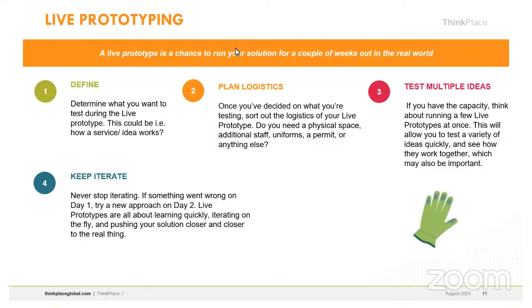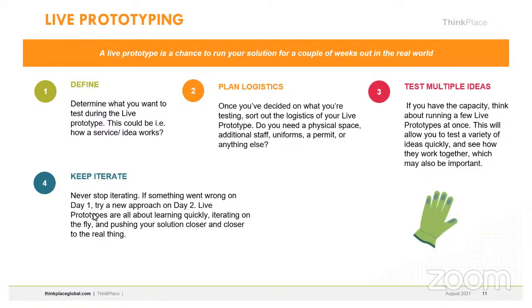Okay. So, as I've told you, now after the planning and logistics, it says test multiple ideas. If you have the capacity, think about running a few live prototypes. This will allow you to test a variety of ideas and see how they work together.